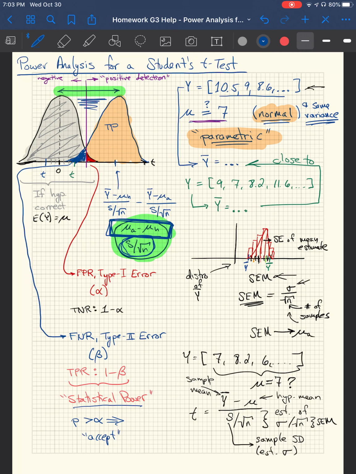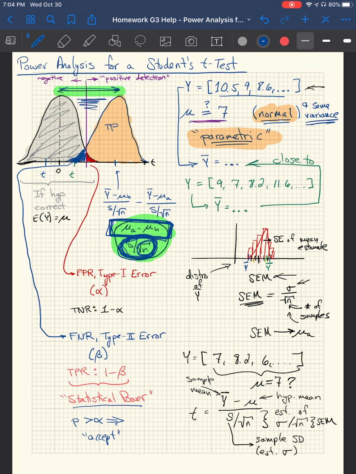So as you make this square root of n larger and larger, then you're making the standard error of the mean smaller and smaller. And by dividing a small number by a smaller number, it ends up making the distance in t space even larger.